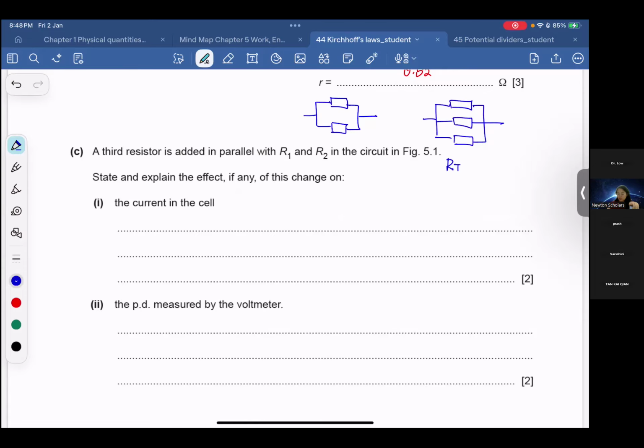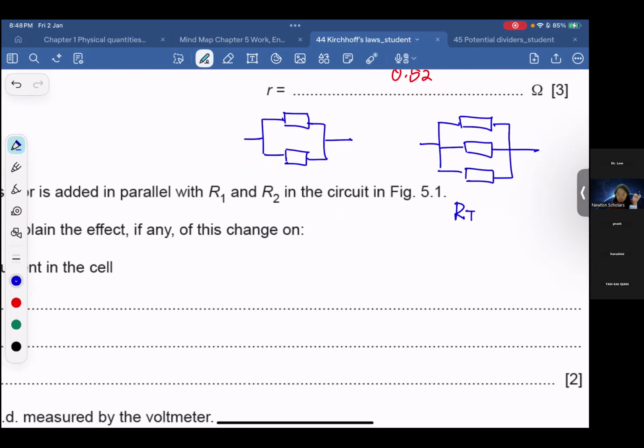Okay, here dear, listen to me. If add one more resistor, last time I taught you, let's say for example, this one is 6 ohm, this one is 6 ohm. Here I add another. Of course, I just simply put a value, it's not related with the question. I am just telling you in parallel way, overall resistance will be increased or decreased. Last time I mentioned total resistance is 6 divided by 2, shortcut path, 3.0.